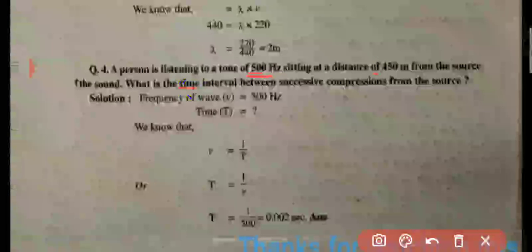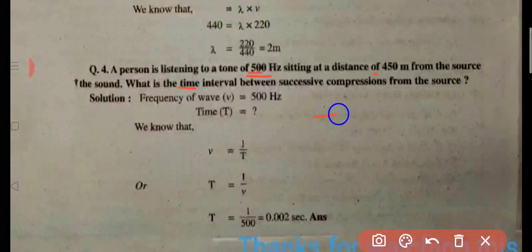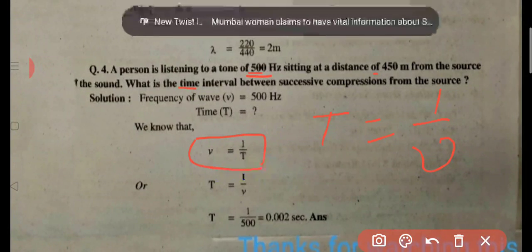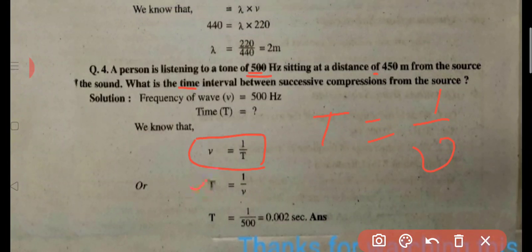The formula for time period: we know nu is equal to 1 over T, and from this we easily calculate the formula T is equal to 1 over nu.